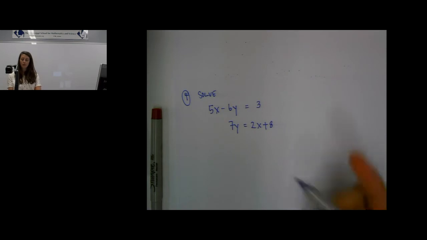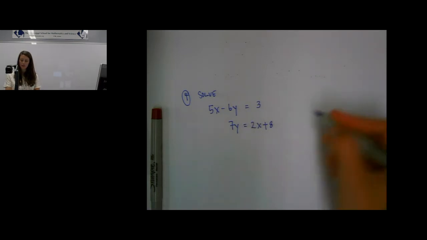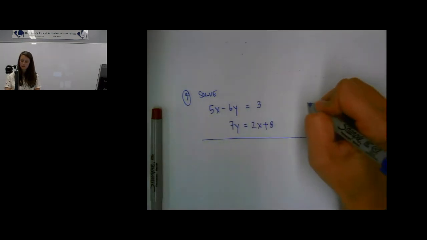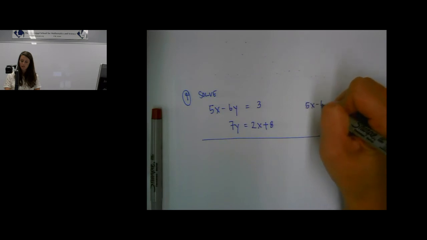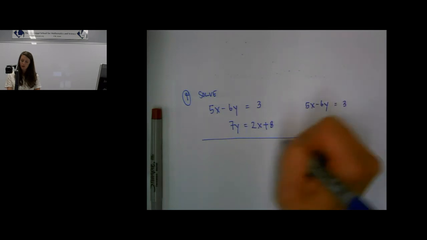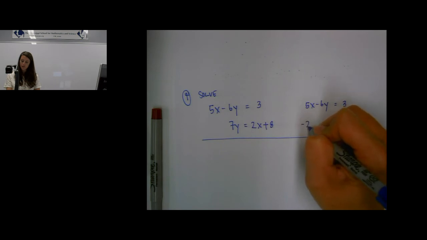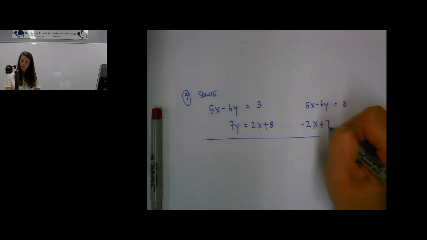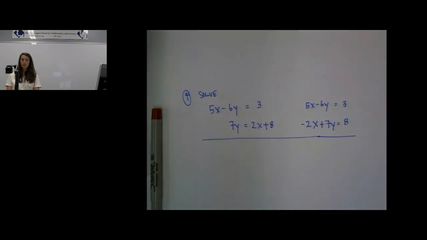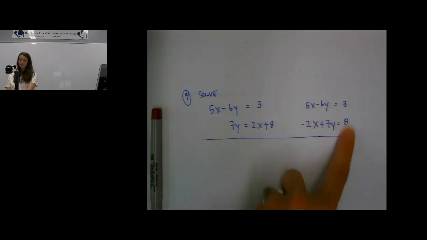Those are not lined up, so I need to get these lined up. I'm going to have 5x minus 6y is equal to 3, and I'm going to move my 2x to the other side, so it's going to become negative 2x plus 7y is equal to 8. Got my variables lined up and my numbers.